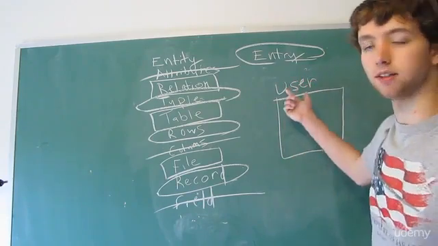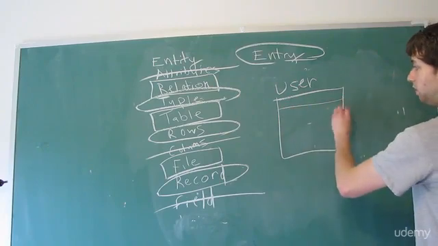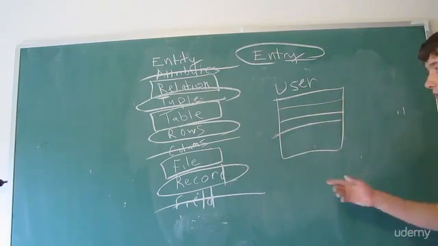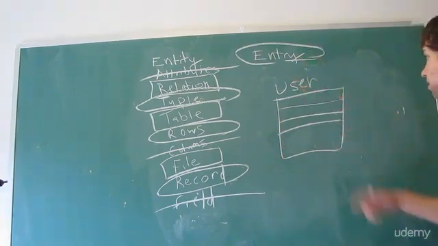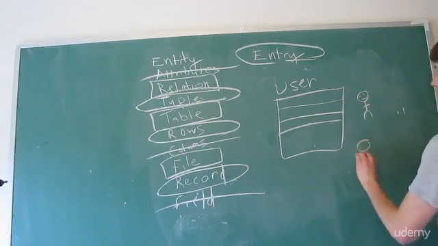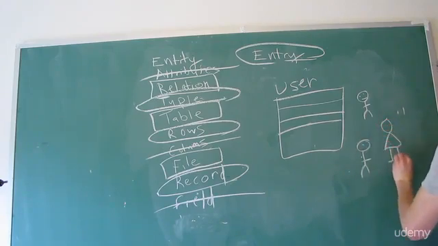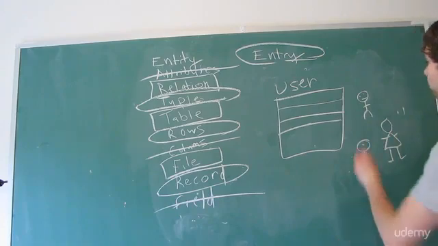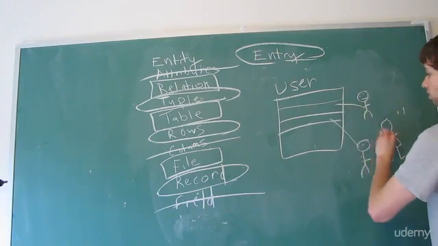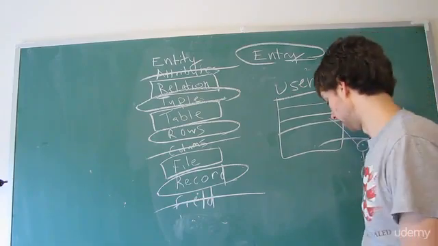The user is the entity, but a specific entity would be a row within this table, because we'd have an entity for this guy over here, and one for this guy down here, or this lady over here. So these all get their own rows. An entity is just something we store data about.